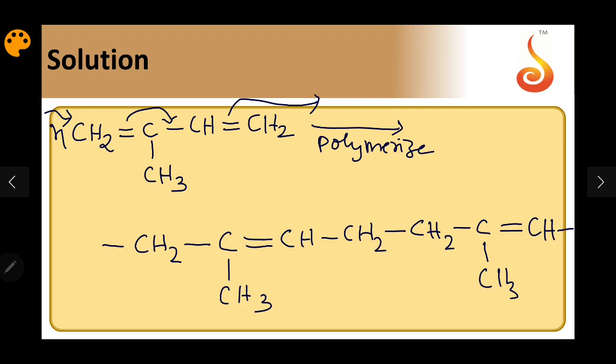When you subject natural rubber to ozonolysis, the double bonds are broken. So if I take this compound, what is formed? This becomes aldehyde, CH2, CH2, C=O, CH3. This is the compound formed from natural rubber.